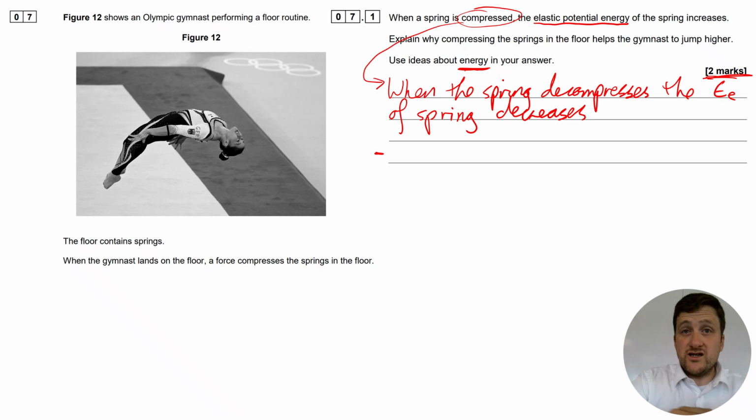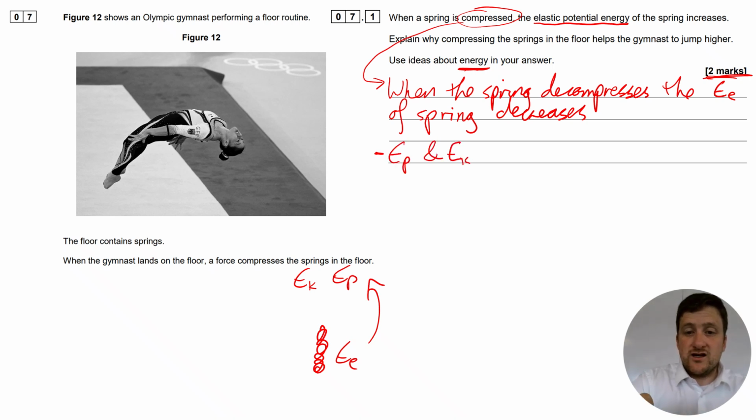Now, where's it going? If you imagine this is my spring, and there's lots of elastic potential energy there, where's it being transferred to? Well, you're going up in the air, so that's gravitational potential energy, but also you're going to start moving, so it's going to be kinetic. So I would say both the gravitational and the kinetic energy stores are increasing.